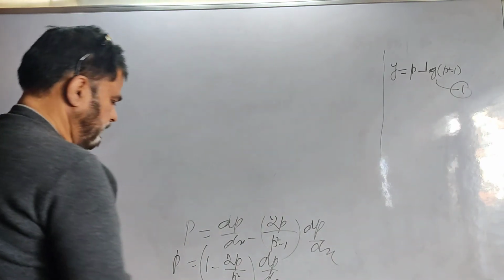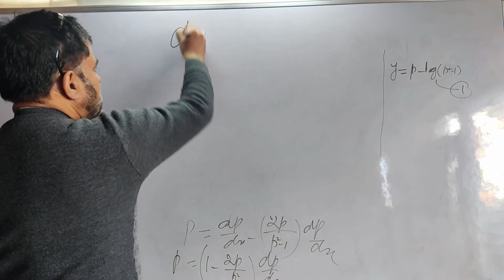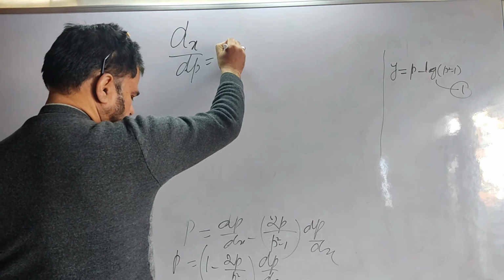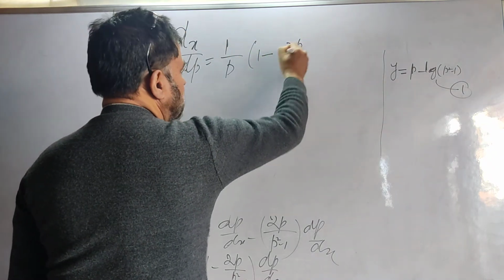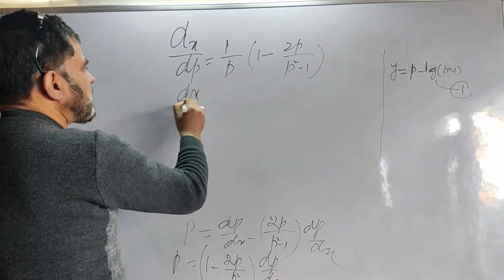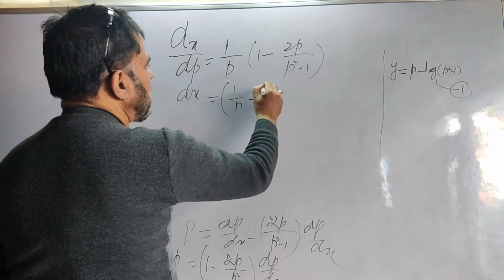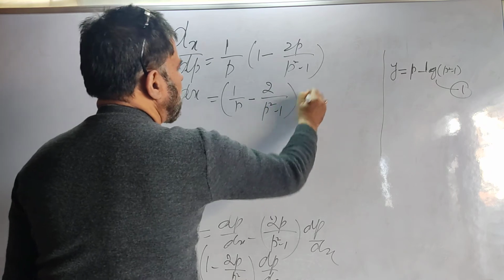Let us write this now: dx by dp is equal to 1 by p times 1 minus 2p by p square minus 1. This is dx is equal to 1 by p minus 2 by p square minus 1 dp.